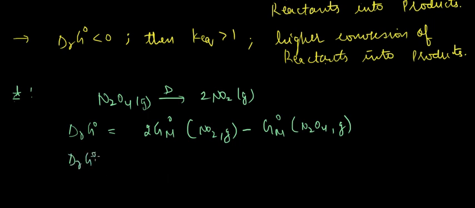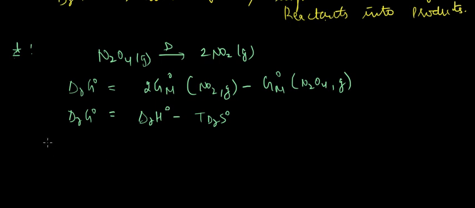And delta Rg naught can also be written as delta RH naught minus T delta Rs naught.